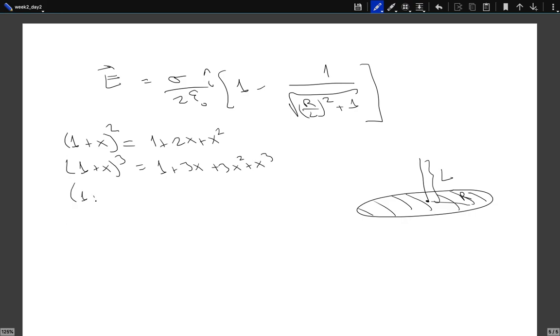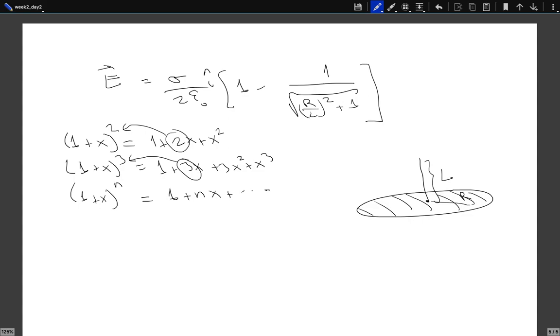In fact, for (1 plus x) to the power n, you see here there is a 2, which is the same power, and here there is a 3, which is the same power. So (1 plus x) to the power n is 1 plus n times x plus all the other terms. Now let's imagine x is something like 10 to the power minus 10.